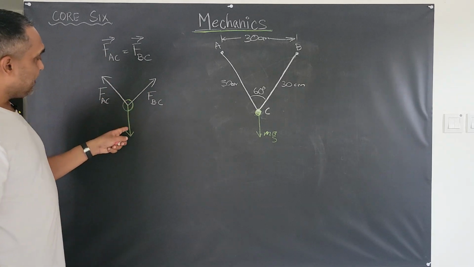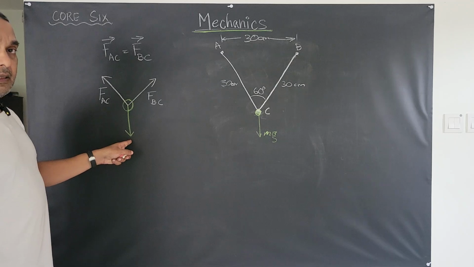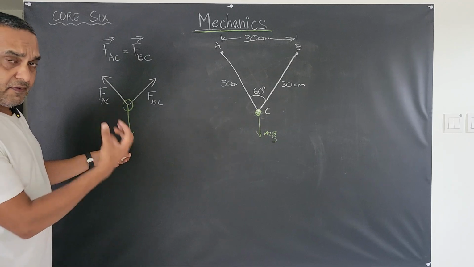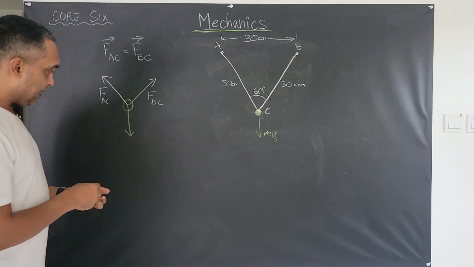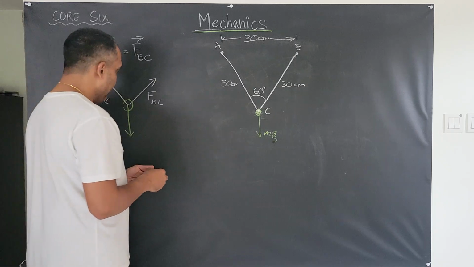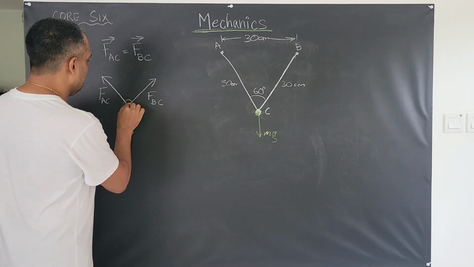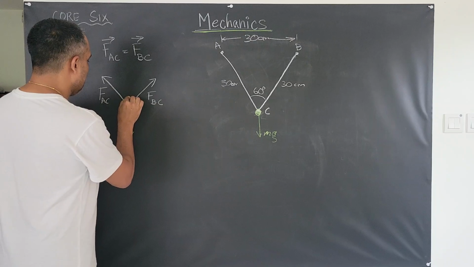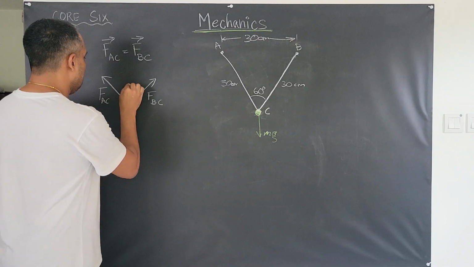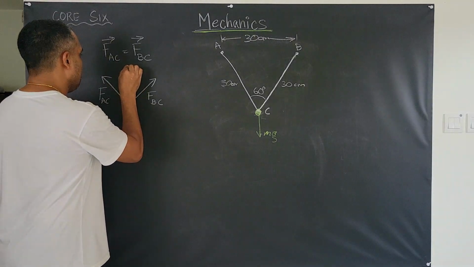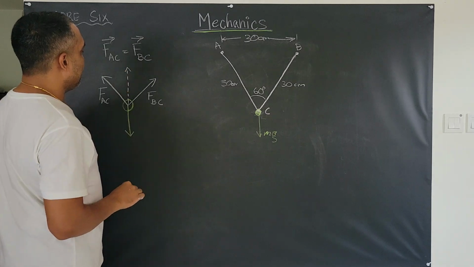You can bring them onto the same line as the vertical force, that's the weight of this object. And if I did that, I would effectively have a force here, right?